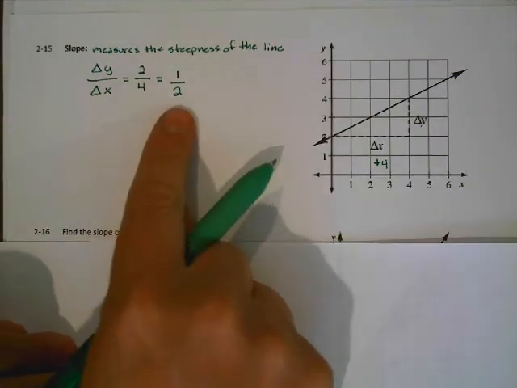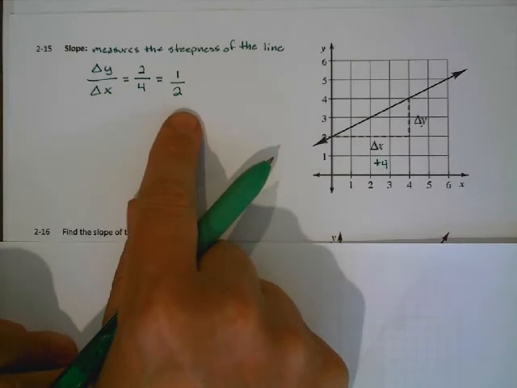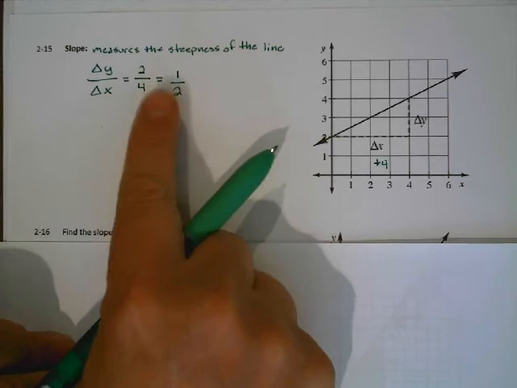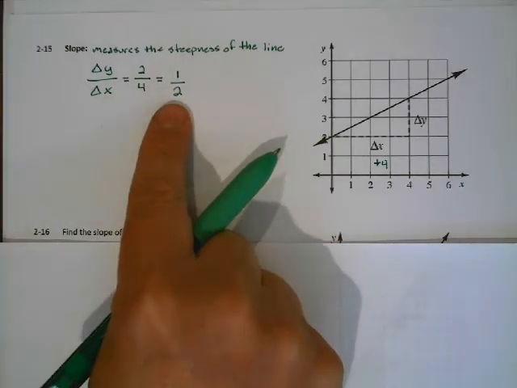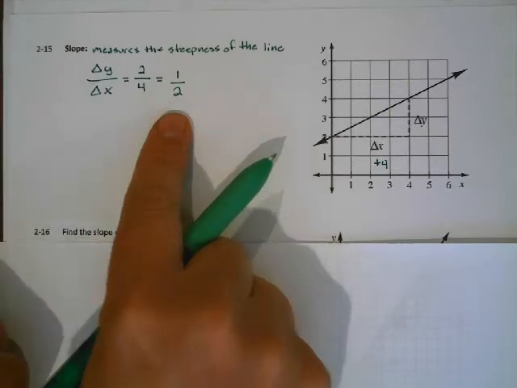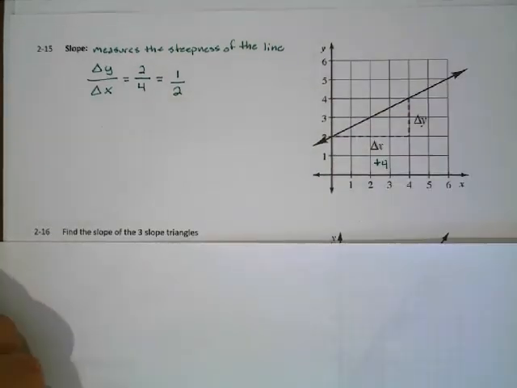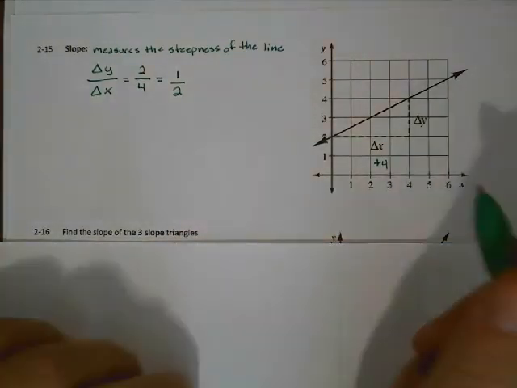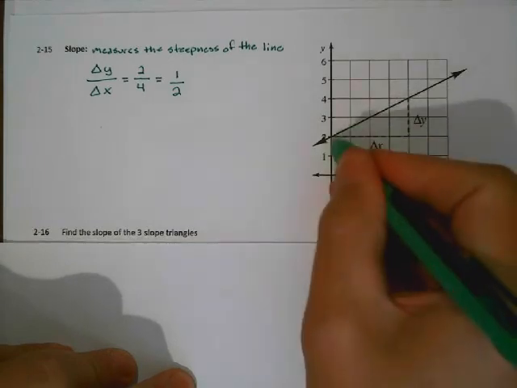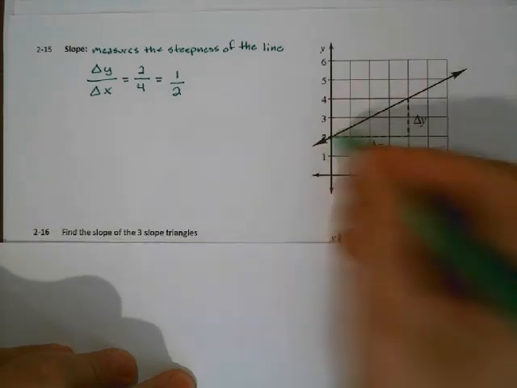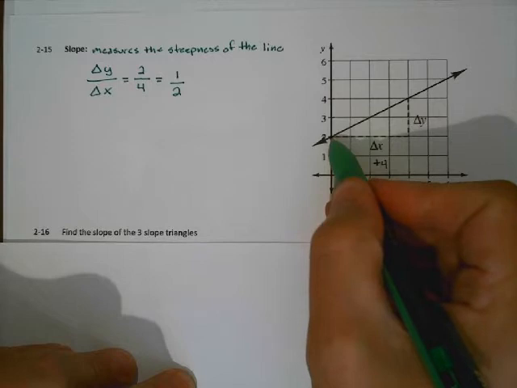Now, if I had another line that had a slope of 5, we would know right away that that one's going to be a steeper line because 5 is greater than 1/2, and since slope measures the steepness of a line, a bigger slope means a steeper line. So 1/2 means this line isn't that steep. So let's go ahead and write an equation for this one. On this one, we now see that the intersection point here, this y-intercept, is 2.